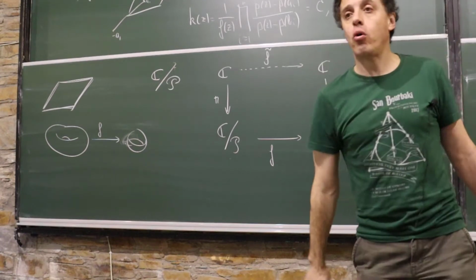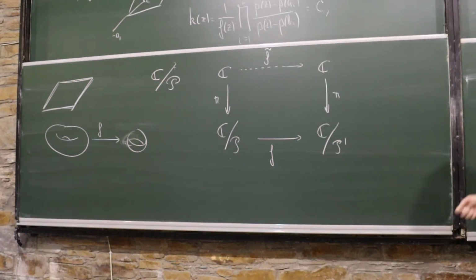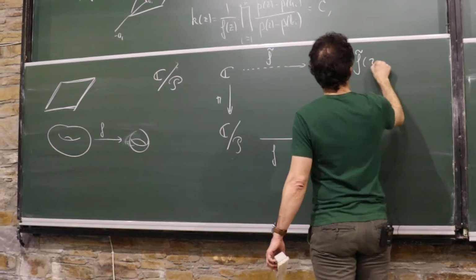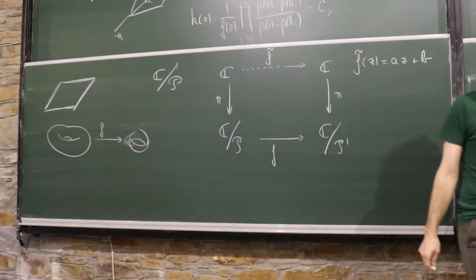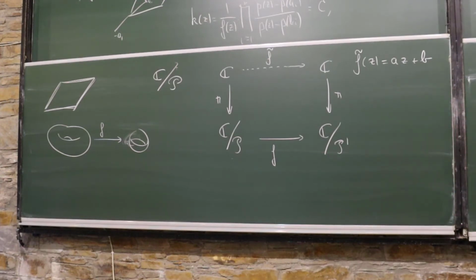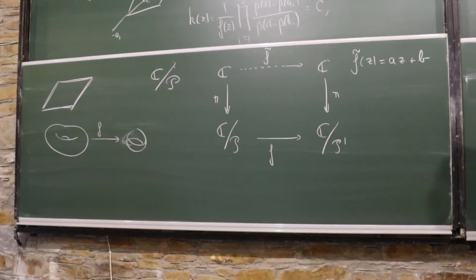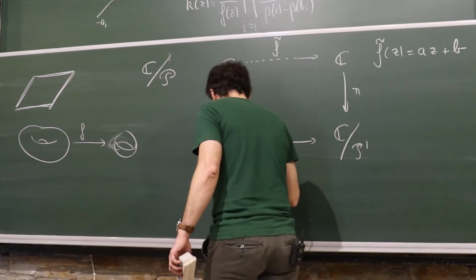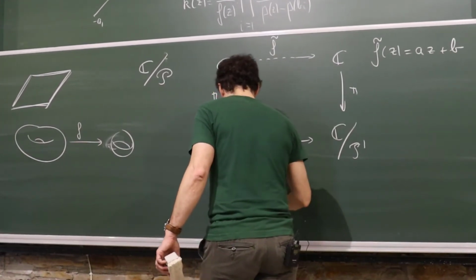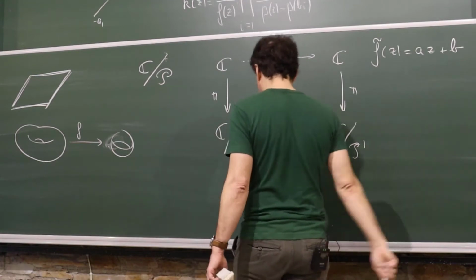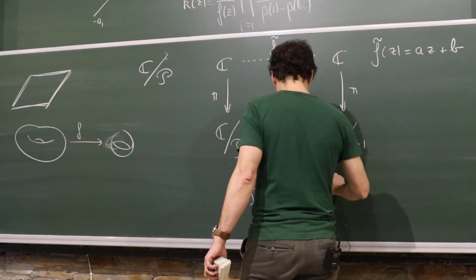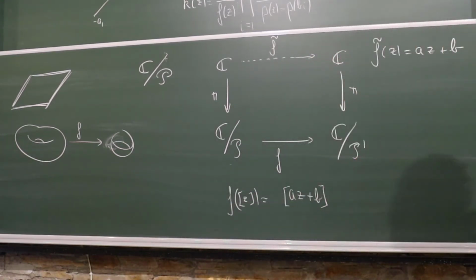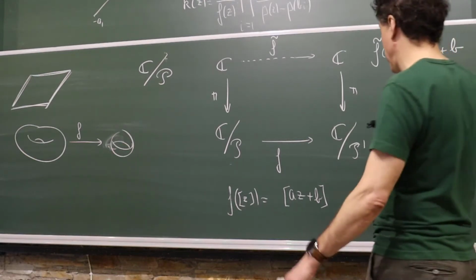And we know what the biholomorphisms of C are. We know that these are always of this form. So this map F takes the class of one point to the class of AZ plus B. Okay, so more or less this map must be like this.